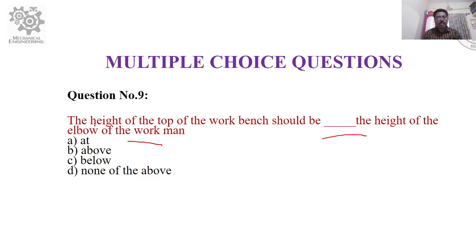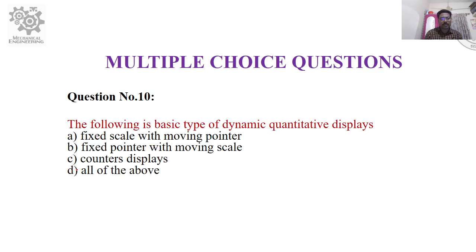Options: A, at; B, above; C, below; D, none of the above. Which is the correct answer? Guess your answers. And the 10th and final question here.